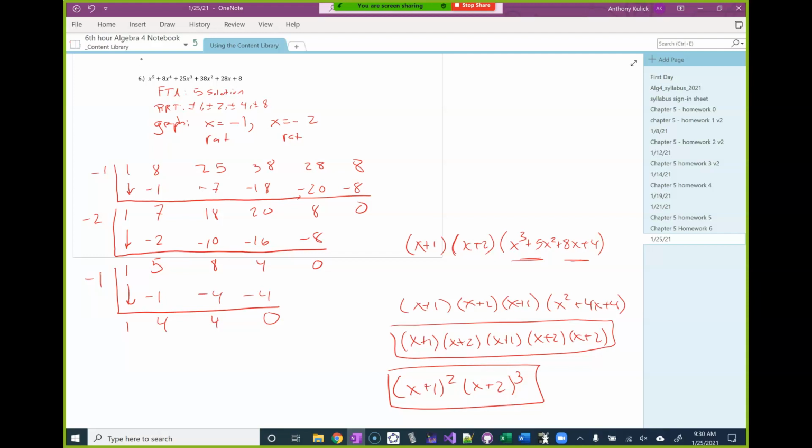We might not know exactly how many times the synthetic divisions are going to work, but we'll know if we can do it more than once. We won't know for sure, but we'll know it's either going to be used this many times or this many times, and it couldn't be done more than this or less than this. You'll have a good idea.